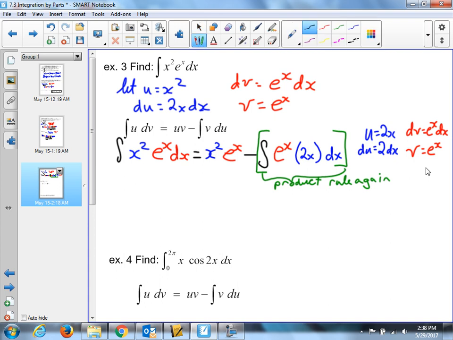So, this whole expression is now equal to, as we had before, x squared e to the x minus, now I'm not going to rewrite what's in green, because it's actually really done already. Do you guys get the idea here? We're doing this uv minus the integral of v du again. And that's why it's really important you got this bracket here.